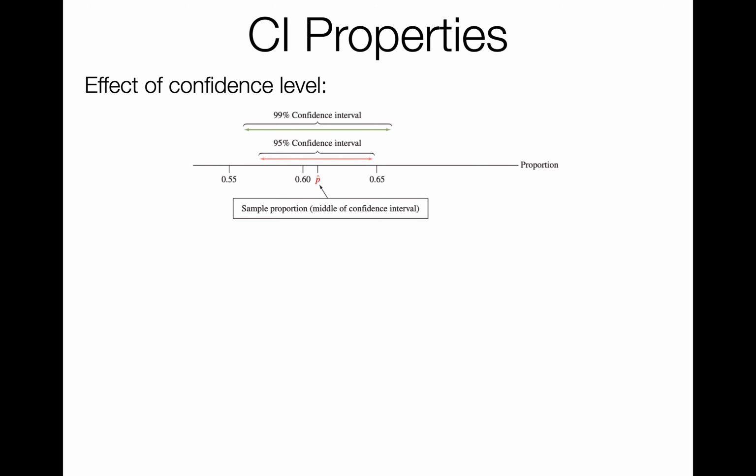We have to hit a sweet spot in confidence intervals of being precise versus being confident. In the example that I always give, and it makes more sense in a non-coronavirus semester, I could say that I am 10% confident that Shippensburg is going to win between 7 and 8 games this semester in football.